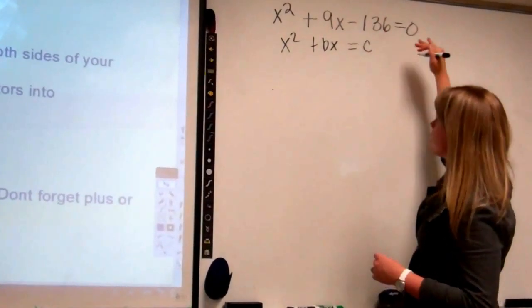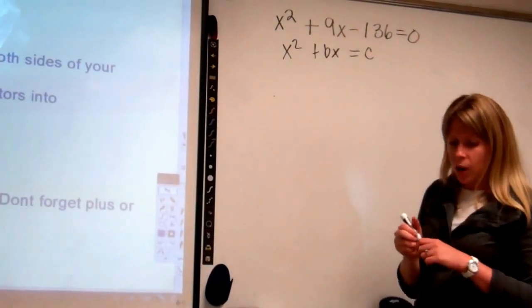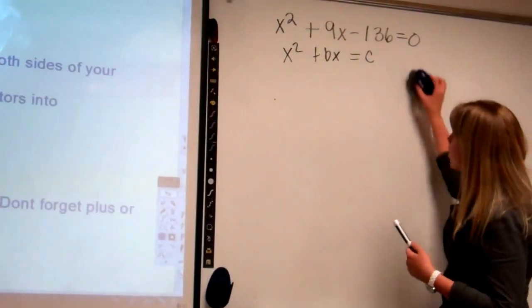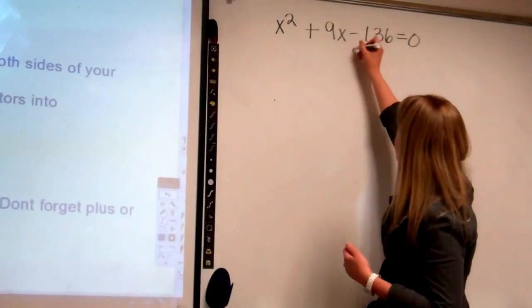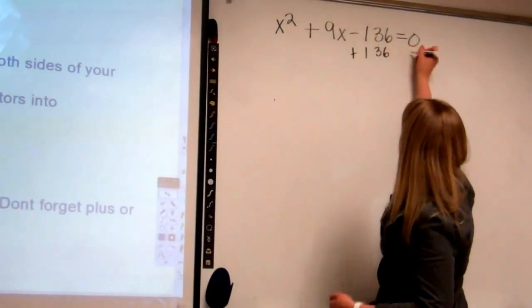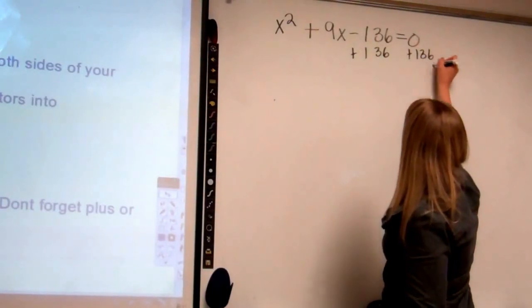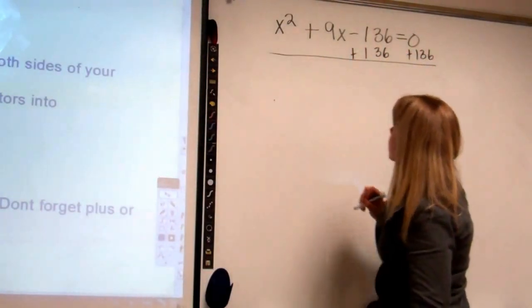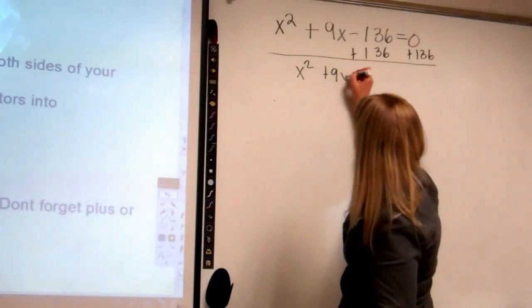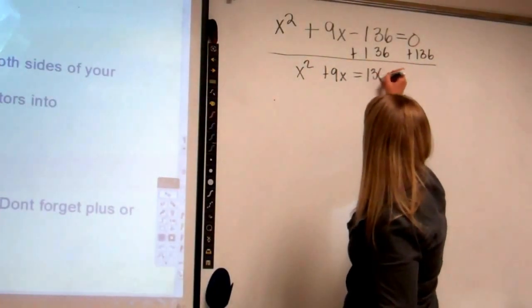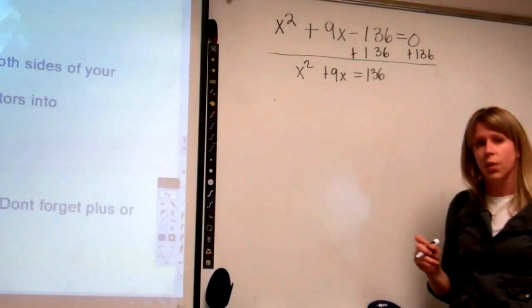So we need to move it to the other side of the equation. How would we move that negative 136 to the other side? By adding 136. So you now have x squared plus 9x equals 136, and you're getting ready to complete the square.